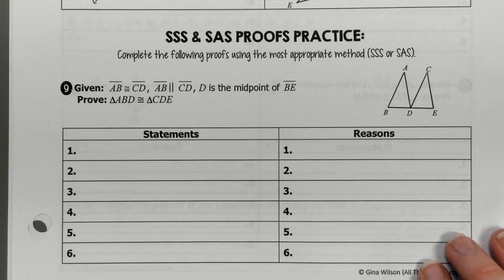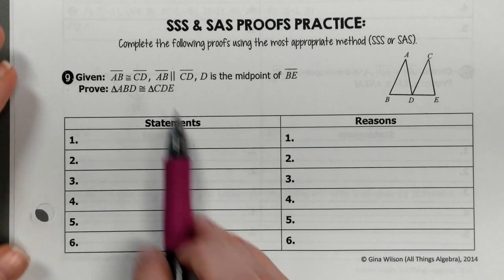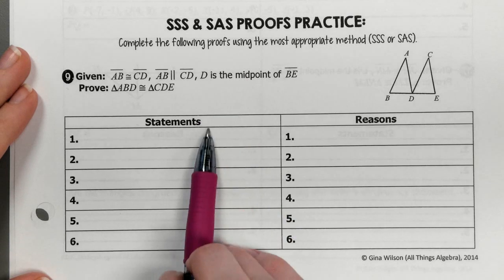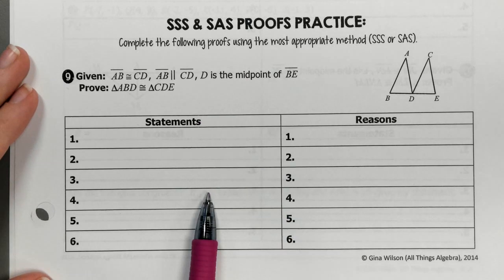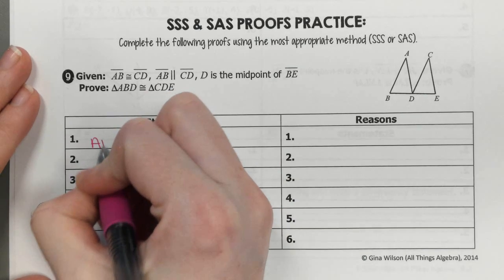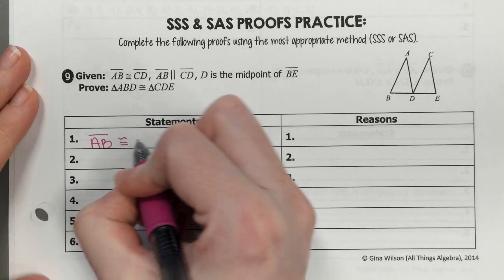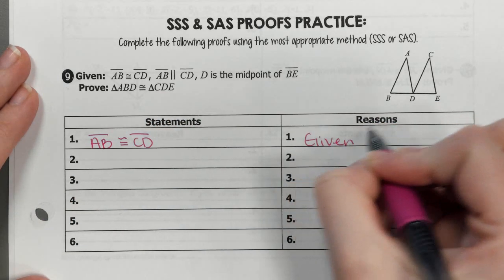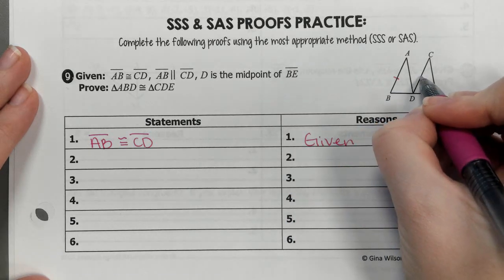Okay, so on your proofs here, you're going to start with your given statements. You can see that you've got 3 given statements. So those will be the first 3 statements, and your first 3 reasons will all be because they're given. So go ahead and jot those down. And then you'll mark them in your picture with 1 line through them.